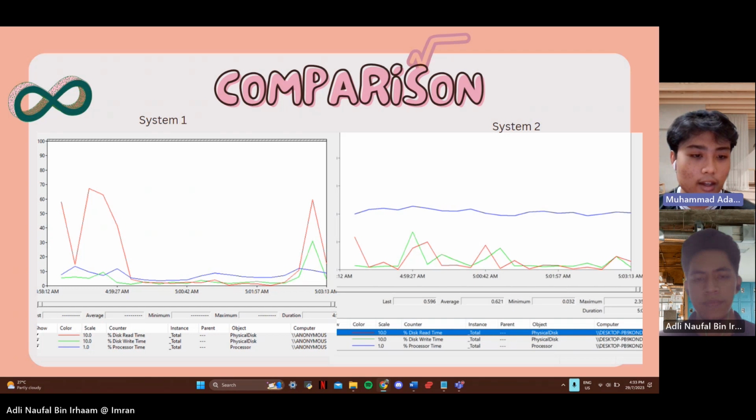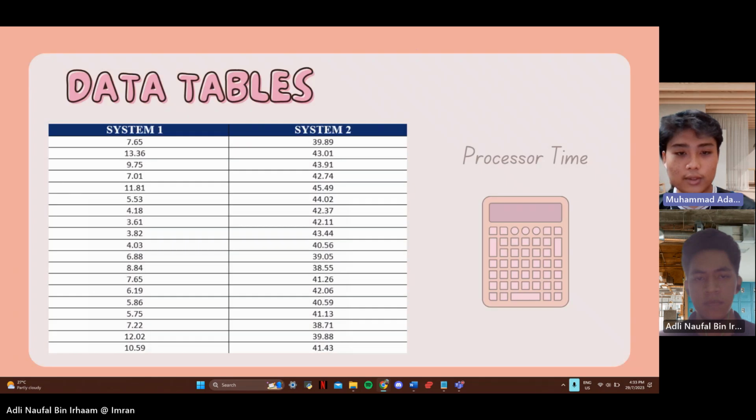On the other hand, the read time for system 1 is high, and for system 2 is very low. But they both have quite similar disk write time, which is noted in the green lines. So next, I will pass to Adli to continue.